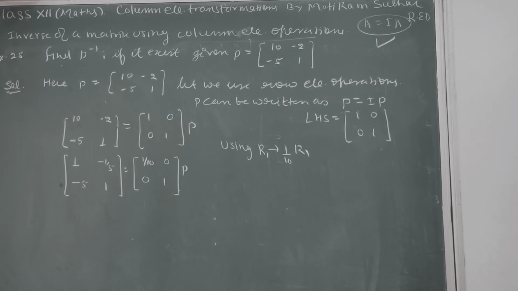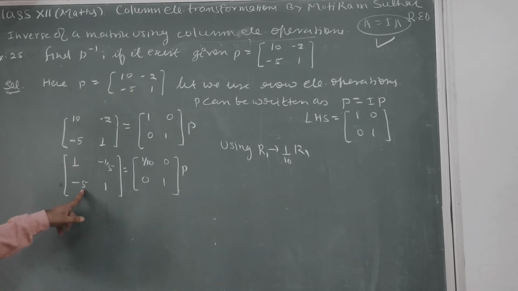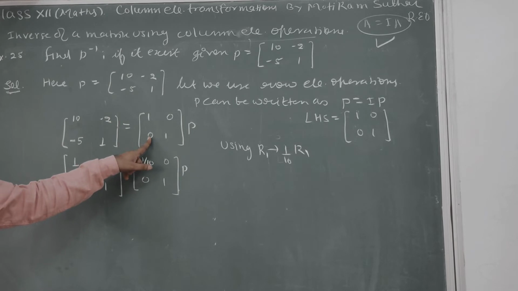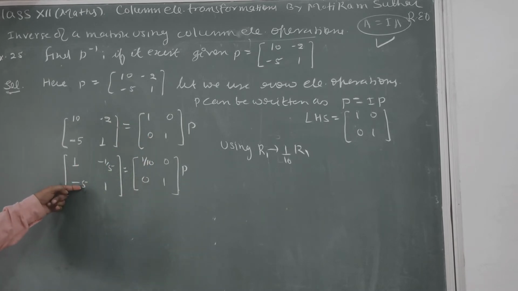Now we need the second row element as 0. So for that we apply the rule. अब इसको मेरे को 0 करना है. We want to convert this minus 5 into 0. तो इसको क्या करूँगा? Minus 5 plus 5 into 1, so that can be converted into 0.